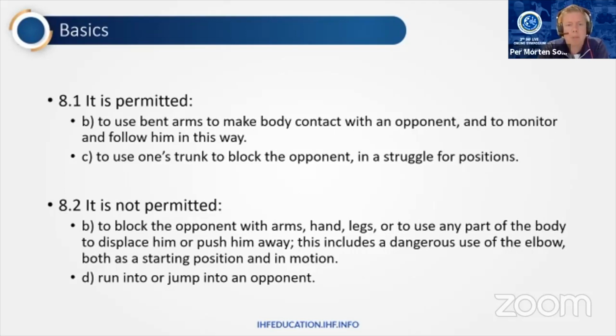Bent arms means that it's not 100% stretched arms. It must be bent arms. It's also allowed to use one's trunk, the body, to block the opponent in a struggle for positions.